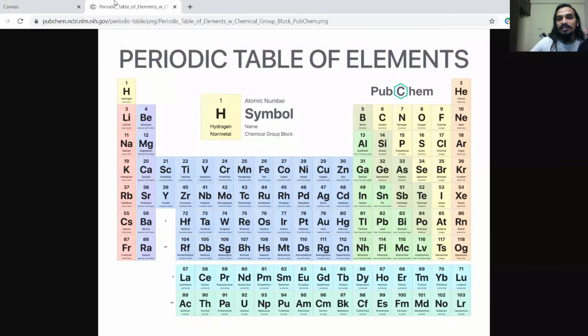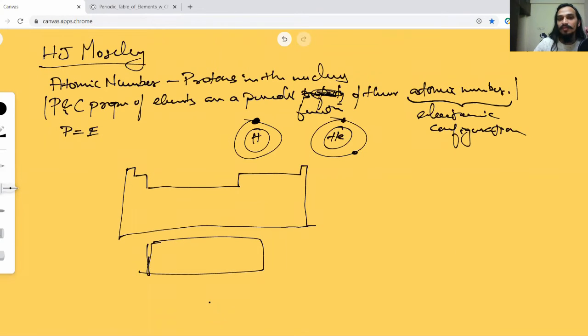Okay, so firstly, let's talk about what the horizontal and the vertical are. Again, we use the same terminology that Mendeleev had used. We'll talk about groups and periods. Now, groups are vertical, exactly like how Mendeleev had said.